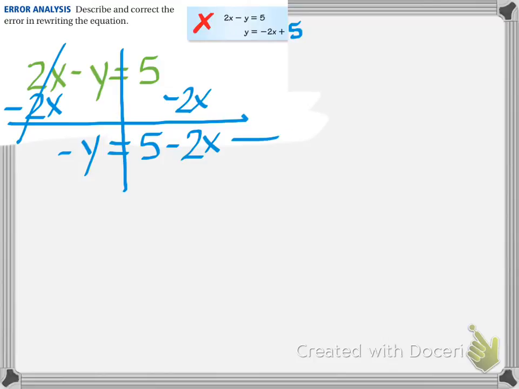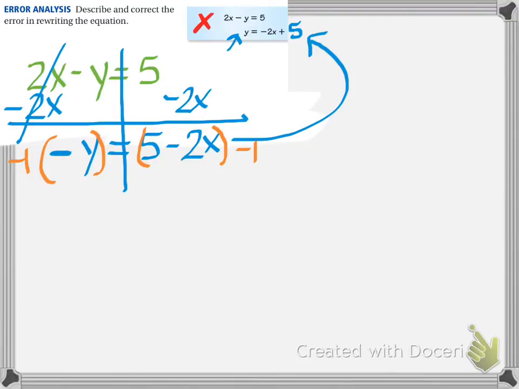So if you look back up at the work that they did, it is similar, but there is one slight difference. We have negative y over here, and they just have positive y. So their mistake was they didn't bring down the negative sign in front of the y. And we know that we are not done when it looks like this, and we know from the video we watched on Friday, or some of you may have watched it yesterday, that to undo that negative, we multiply or divide by -1.